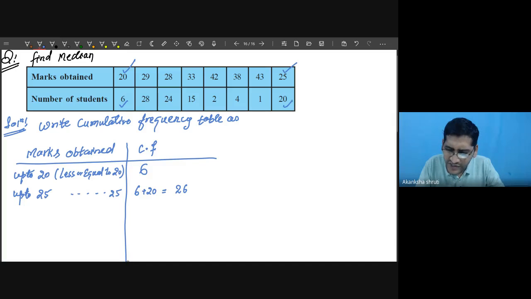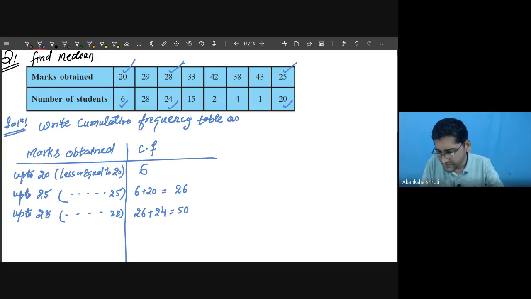Then after 25, the next bigger one is 28. So write for up to 28. In this case, up to 25 we have the 26. So over this 26, another 24 is being added.